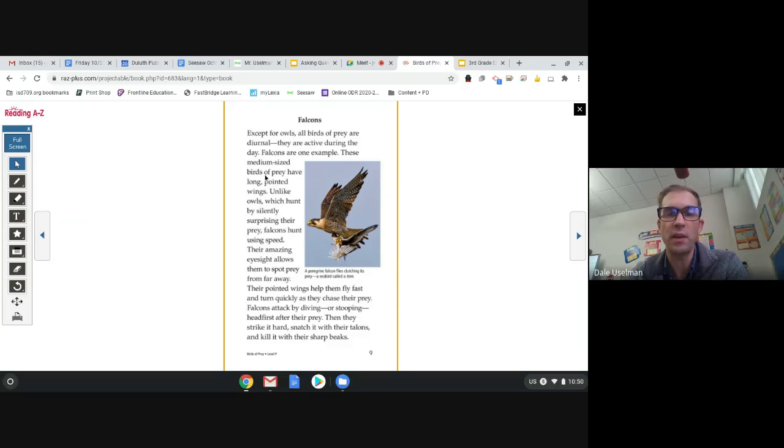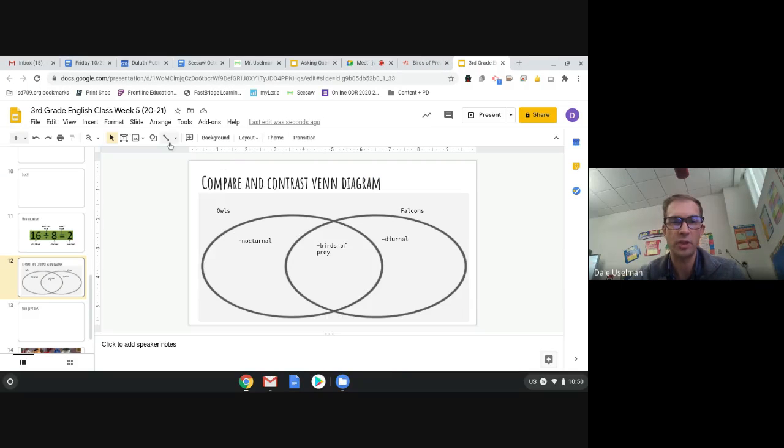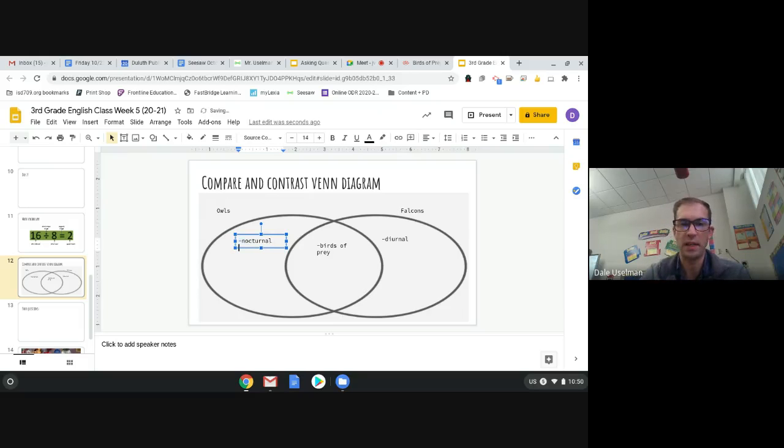I also read that falcons have pointed wings, and we read about how owls in the last chapter have rounded wings. So I'm going to go ahead and add that to our chart as well. I'm just going to make a list here. So we said that owls have rounded wings, and we also said that owls hunt by surprise.